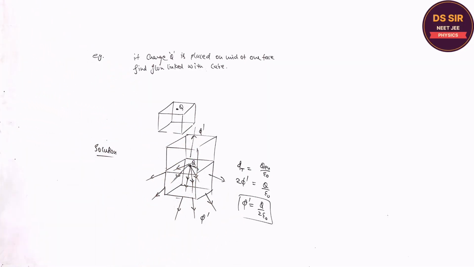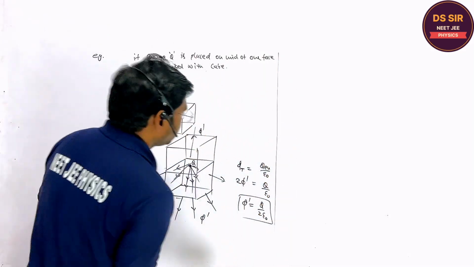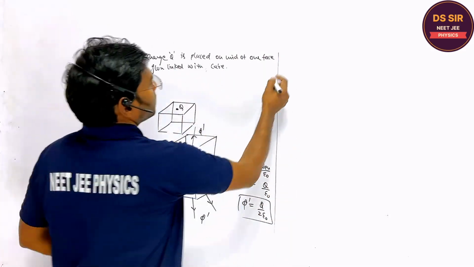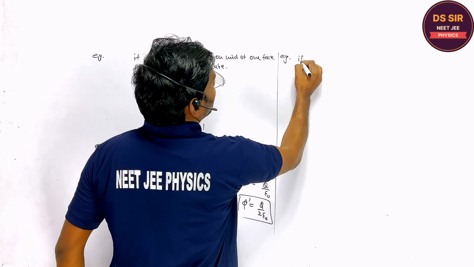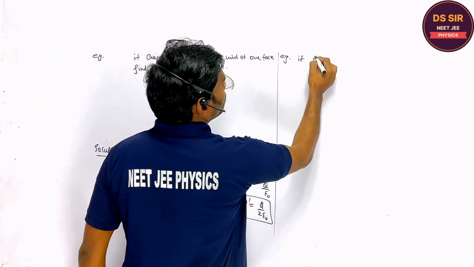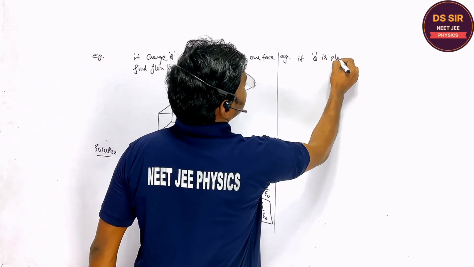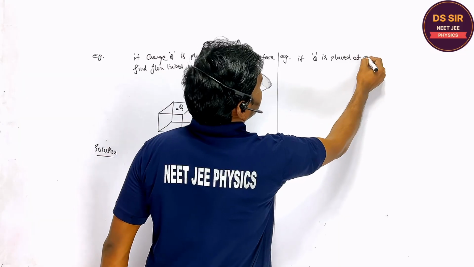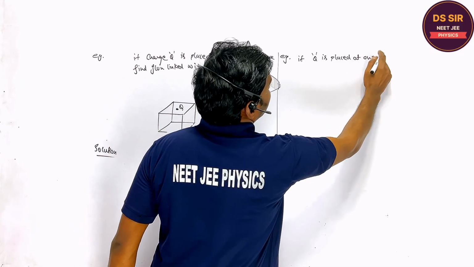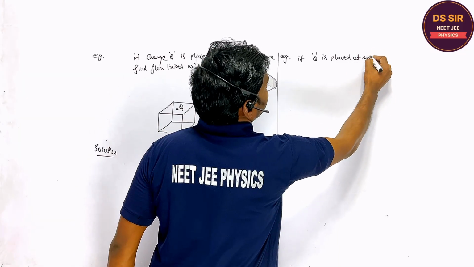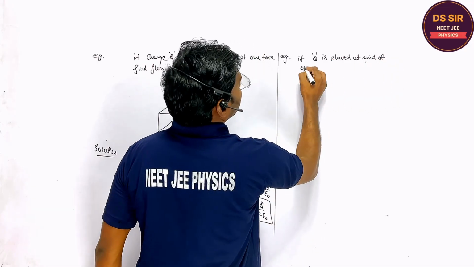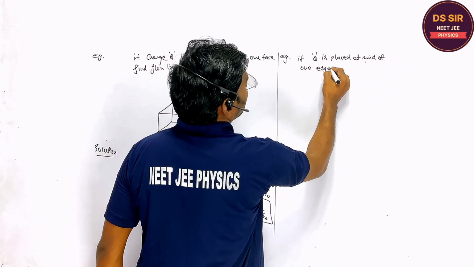Copy this. Now this is one question. Another question: if charge q is placed at the mid of one edge. How?